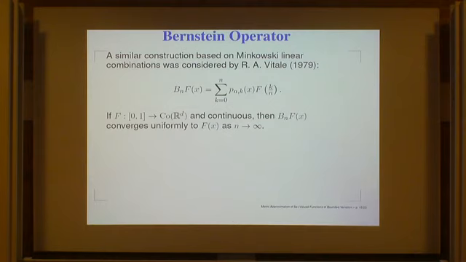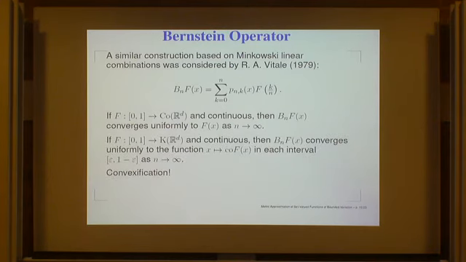He considered this construction, and these are his results about the convergence: if F is a function with convex images and continuous on 0, 1, then the sequence of these set-valued functions converges uniformly to f of x as n goes to infinity. Everything fine, everything like what we want to have for convex images.